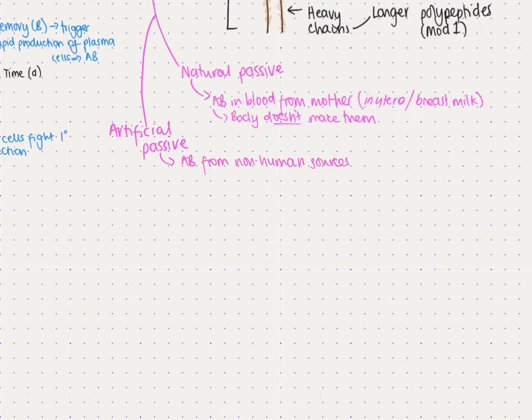Okay, so the example that we've seen before is tetanus, which is derived from horses, and they are just injected into us if we've come into contact with anything that might have tetanus in there. And the idea of these artificial passive treatments is that they are quick and life-saving responses.